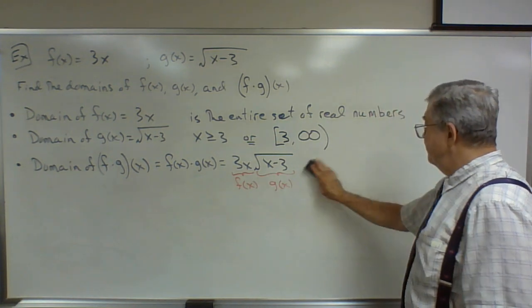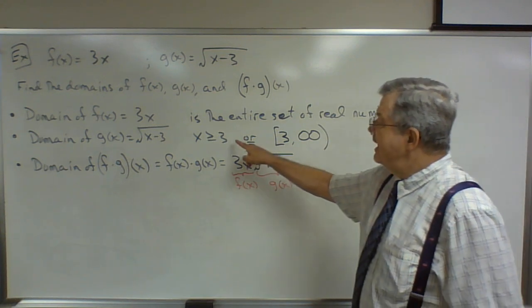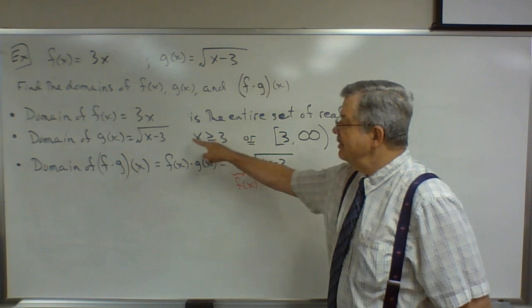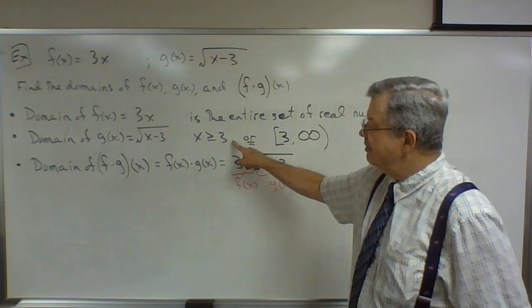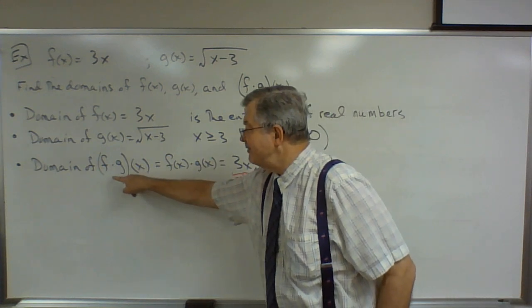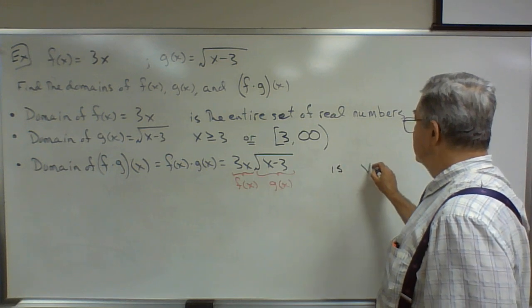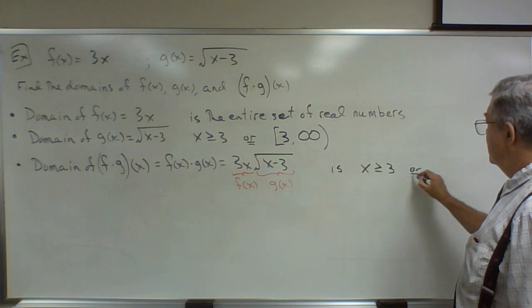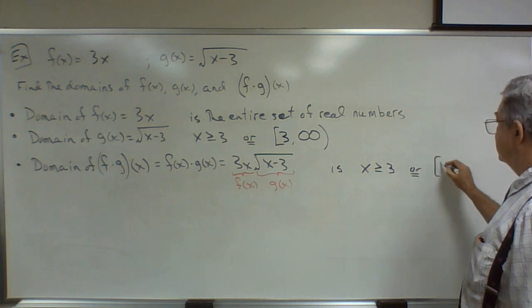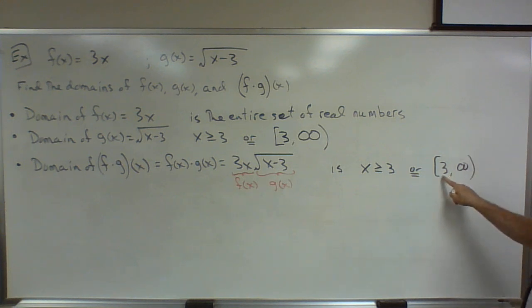So all x values less than 3 are excluded from the domain of g of x. So all x values less than 3 are excluded from the domain of f times g of x. The domain is all real numbers greater than or equal to 3, or we can write it this way. All real numbers in the interval 3 to infinity, including x equal 3.